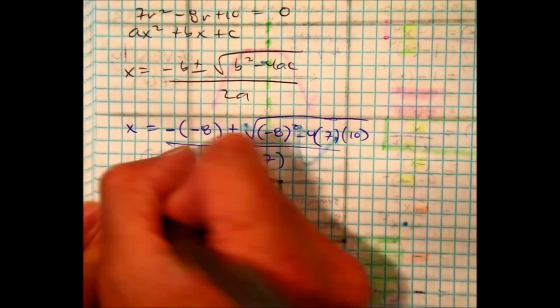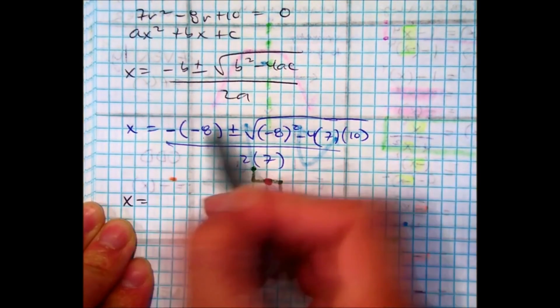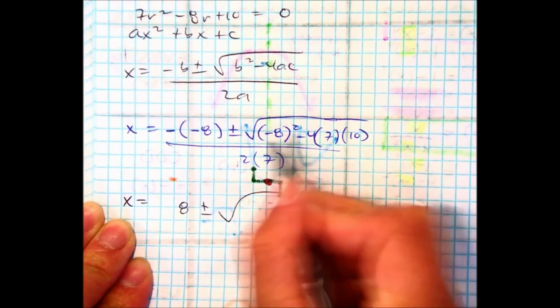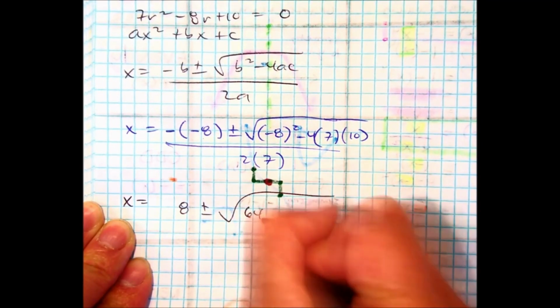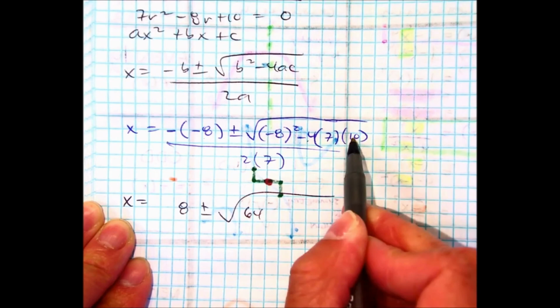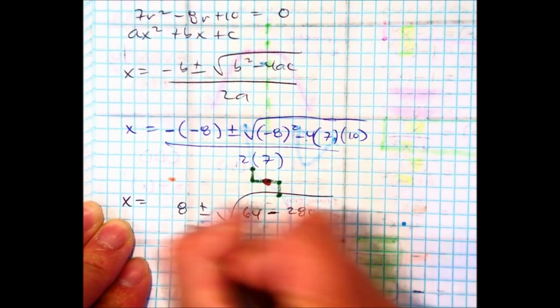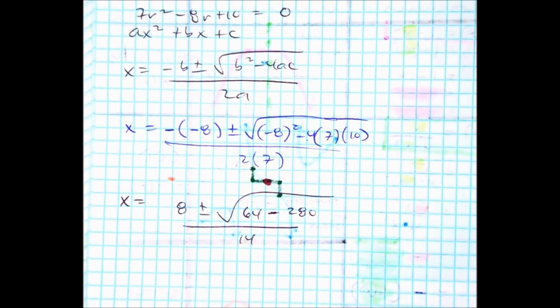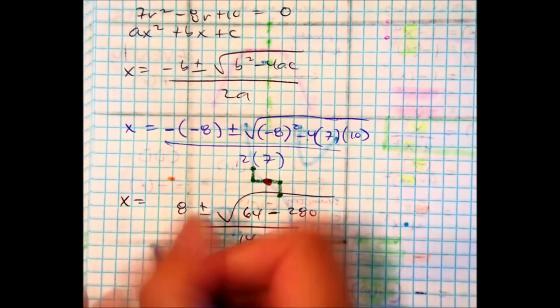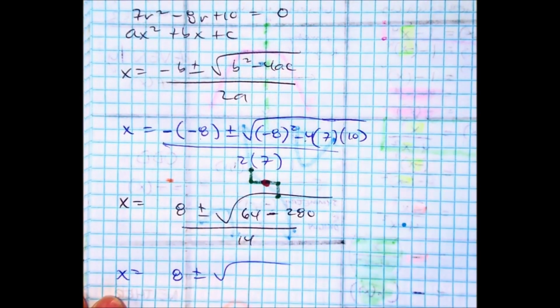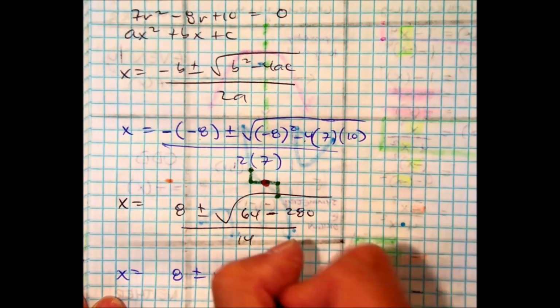So I set it equal to 0, standard form, identify a, b, and c, got the quadratic formula, substituted it, now we're just going to simplify. Opposite of negative 8 is positive 8. Negative 8 squared is 64. Negative 4 times 7 times 10 is going to be negative 280, all over 14. 8 plus or minus 64 minus 280.